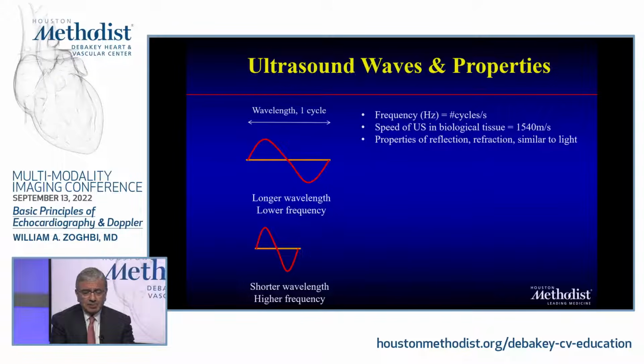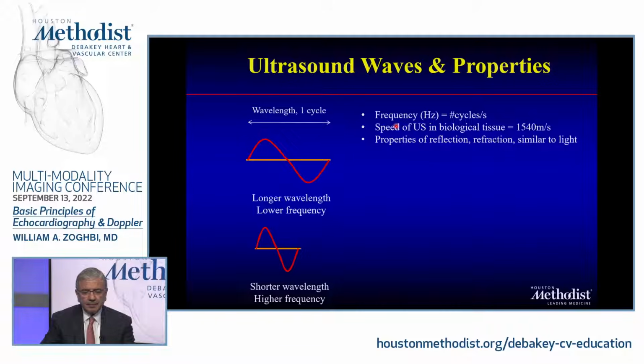Ultrasound waves and properties are essential. The wave on the left side here shows the wavelength, which produces basically one cycle. The longer the wavelength, the lower the frequency is.